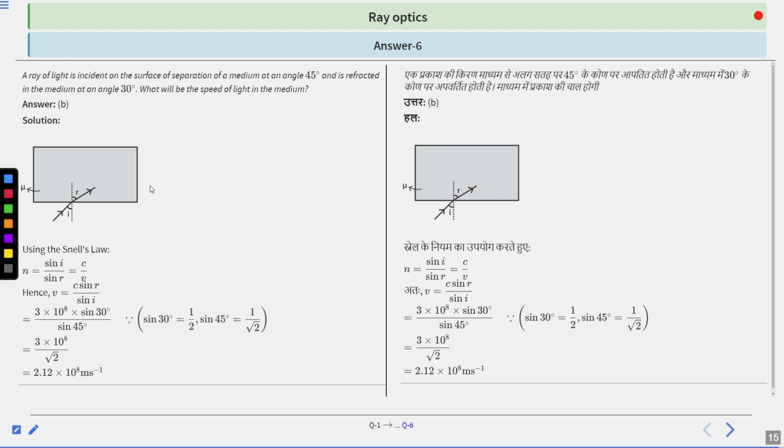It means the speed of light in the medium is 2.12 into 10 raised to the power 8 meter per second, and meter per second is the unit of speed of light. Clear? So the correct option is option B.